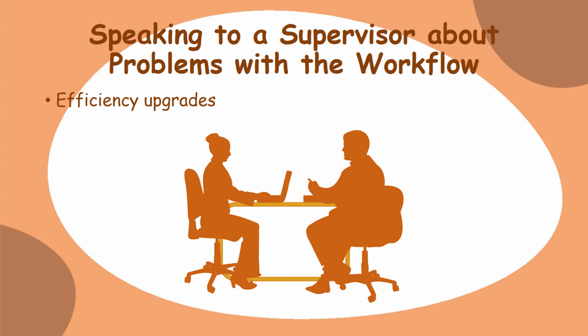If you think you can find a better solution to a problem, you should discuss it with your supervisor. You should not just make changes yourself without informing anyone. There could be reasons you don't know about relating to the process, or certain steps must be taken for safety reasons.